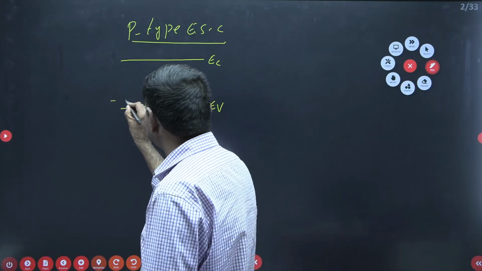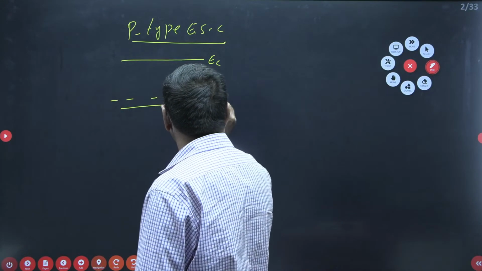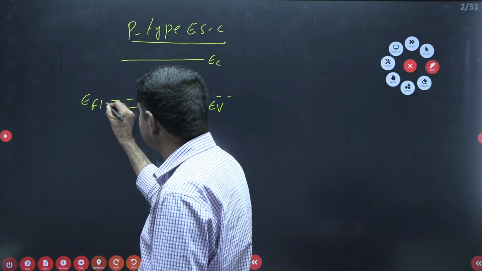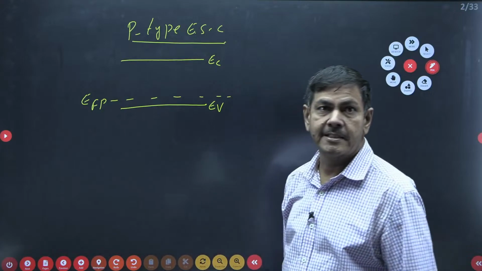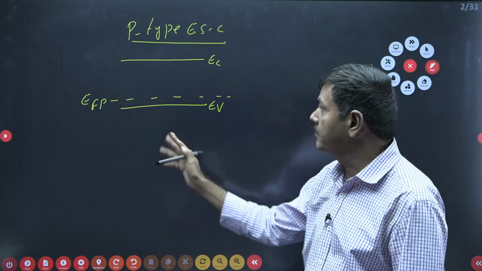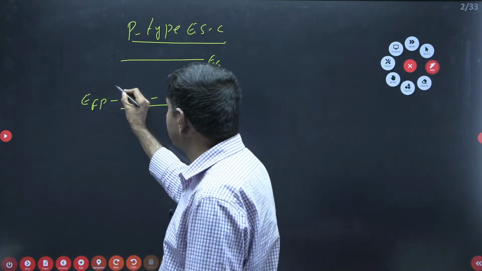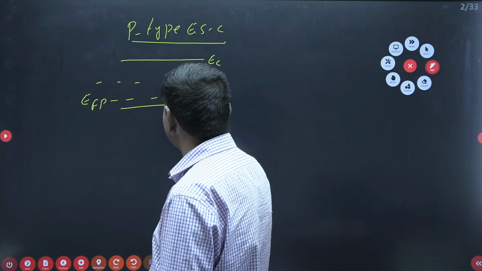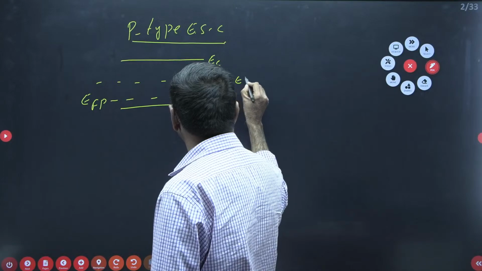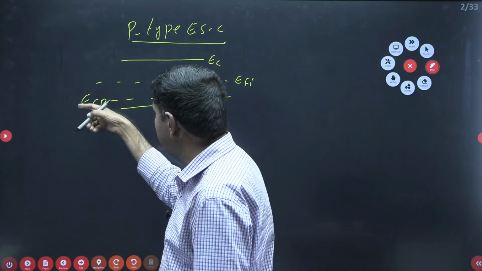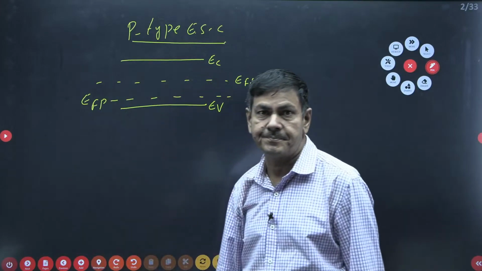I can draw it like this. EFP I can write. The Fermi level energy in the p-type extrinsic semiconductor I can put this way, where EFI is approximately at the center. This is EFI, and this is EFP for the p-type extrinsic semiconductor.